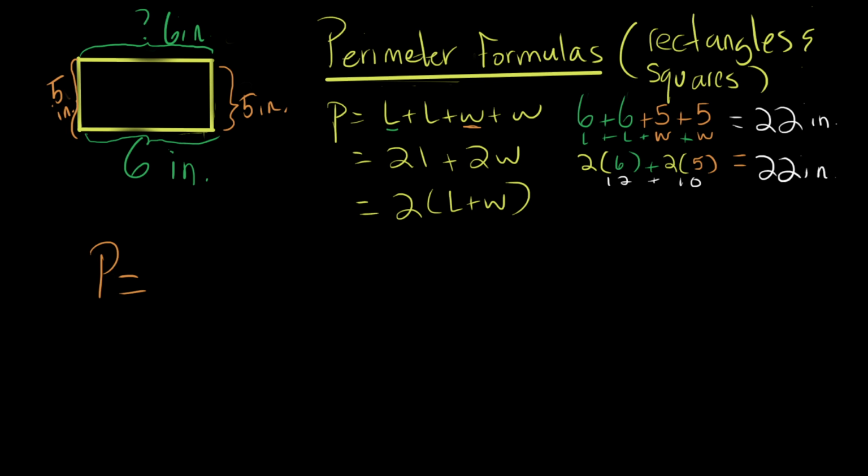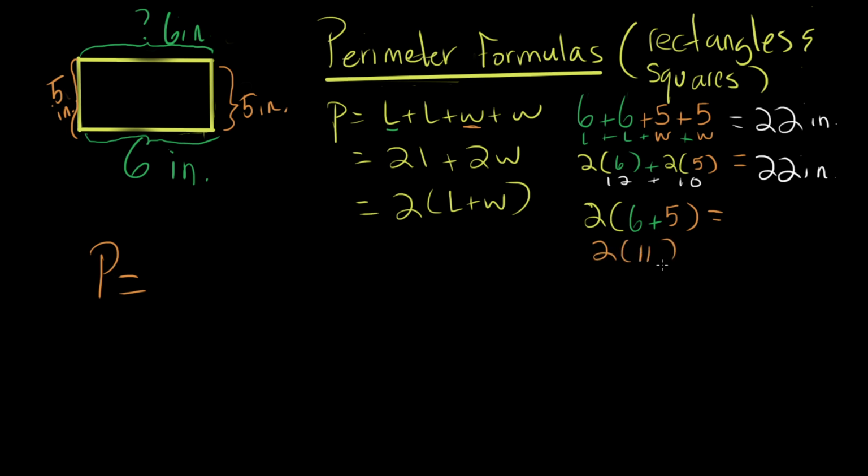Okay? And then our last one is going to be 2 times, in this parentheses. When you see a number with a parentheses next to it, that means you're multiplying those two things. So now we're going to do 2 times the length plus the width. 6 plus 5 is 11.